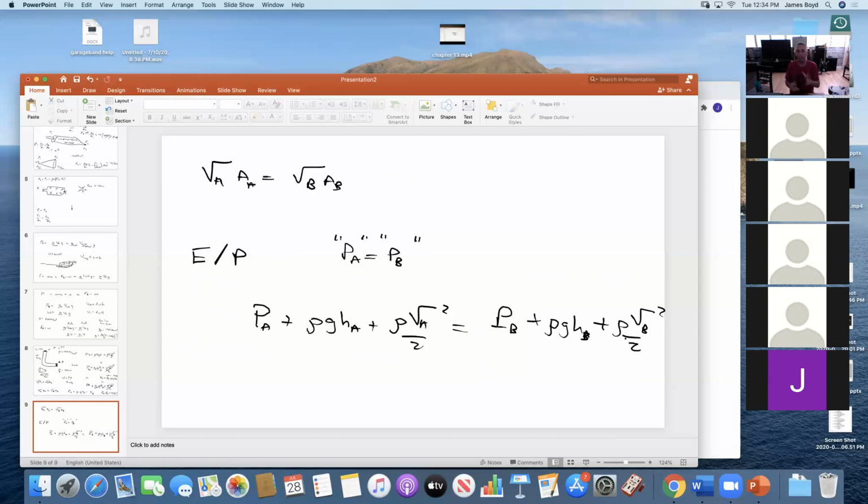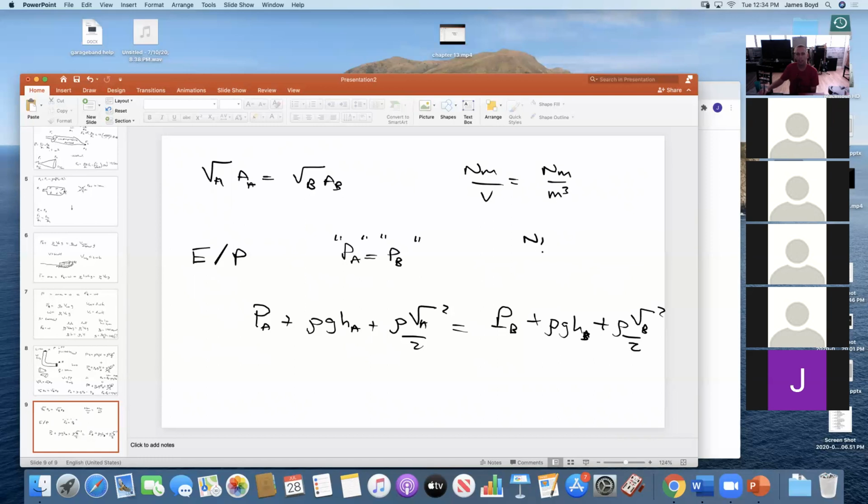Okay, so it's exactly what we did for energy, although we have different terms now. Basically, each of these terms, if they had a volume in them, would be energy. They'd be newton meters, but we canceled out the volume. So what we're really getting is newton meters divided by volume, which is newton meters divided by meters cubed.